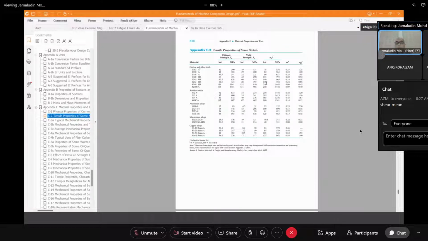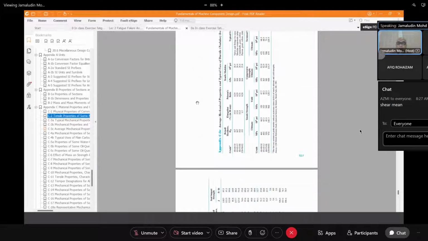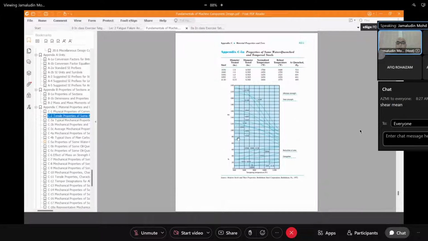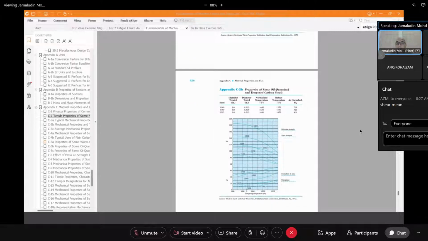Very important as well. Sometimes, what happened last semester was that they gave the material here, even though I never covered this material. You should be able to find it, because this is carbon steel as well, a water quench tempered steel. That means there are two materials here. Maybe out of 30 students, only one or two could manage to find the material.